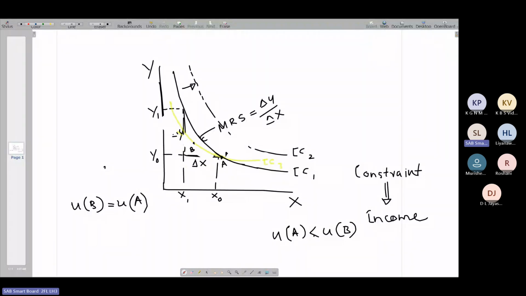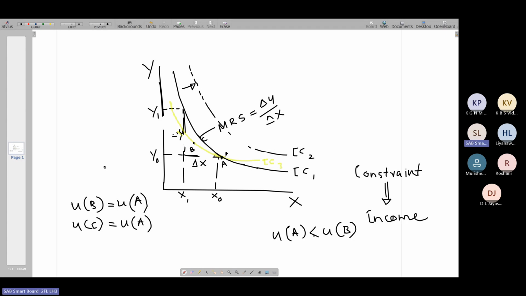The satisfaction gained at point A equals the satisfaction gained at point B because they lie on the same indifference curve, IC3. And utility C also equals utility A, because it lies on another indifference curve, IC1. Those two points are along IC1, the same indifference curve, with the same level of satisfaction.